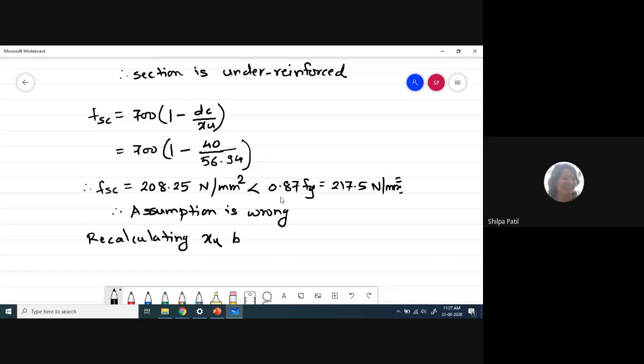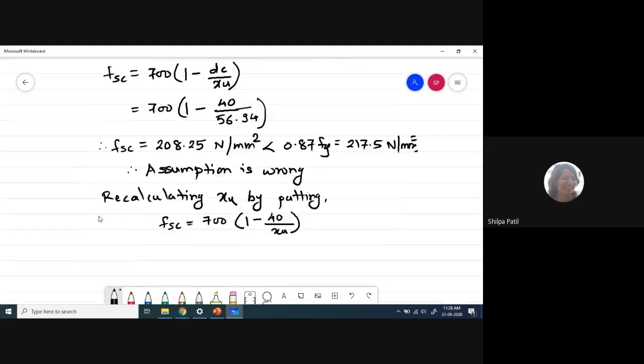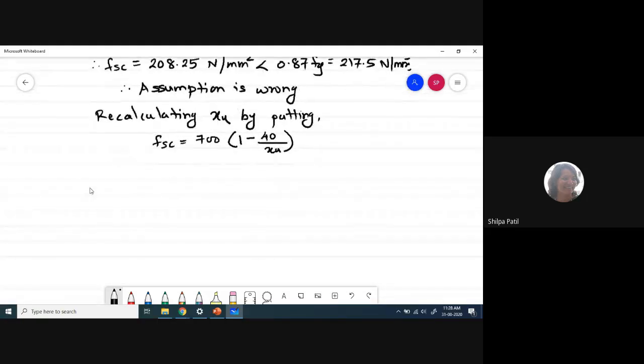by putting FSC equal to, now the formula we already know, 700 into bracket 1 minus DC, which is 40, divided by XU. In terms of XU, we have to write down the FSC value, and this FSC value we have to substitute in the XU formula.